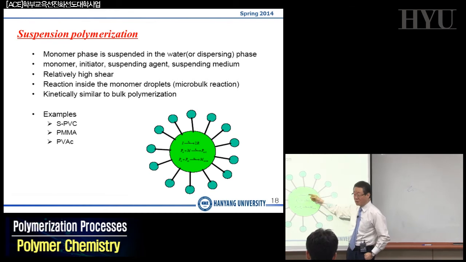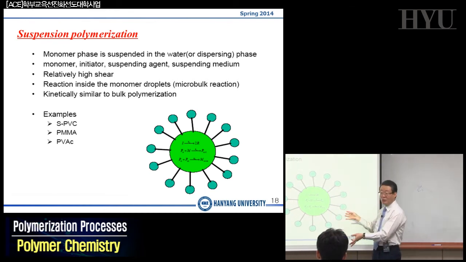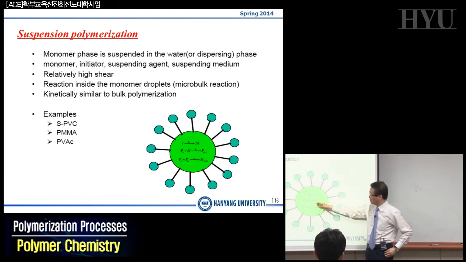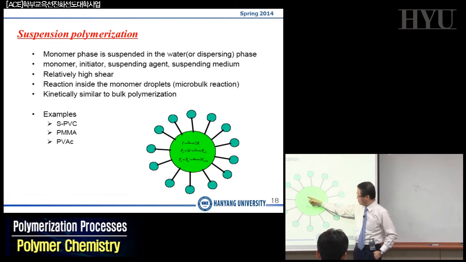Okay, these droplets are surrounded by the detergents, and inside of those droplets, there is something happening, where your polymerization is proceeding inside of these droplets. Okay.